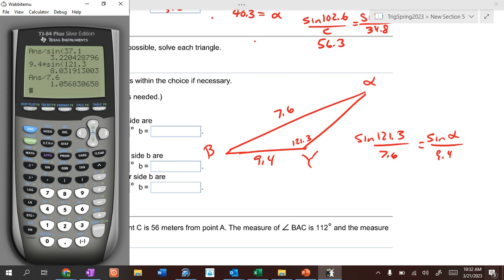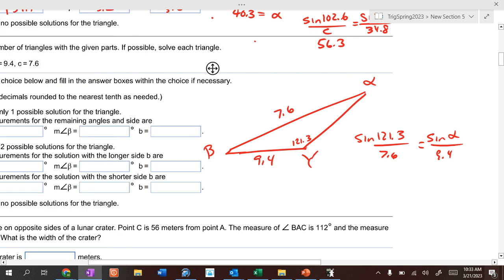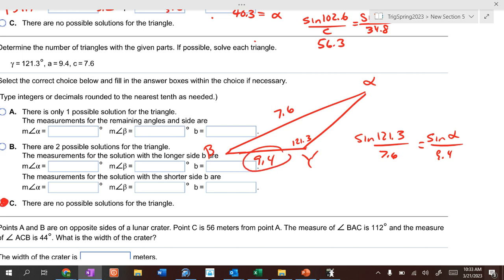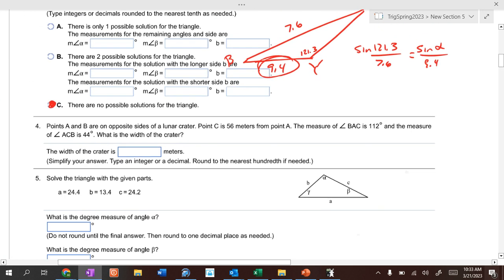Ooh, you know what our calculator is going to say? It's going to say error. You know why? The longest side should be opposite the biggest angle. Is it in this case? No. So it does not work. So there's no possible solutions.